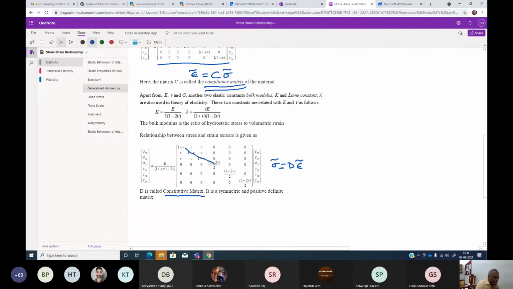Out of the total 21 positions you can fill, 9 positions are basically non-zero and 12 positions are 0. So what it is basically saying is that shear stress tau xy does not depend on epsilon xx. So shear stress has no relationship with epsilon xx.